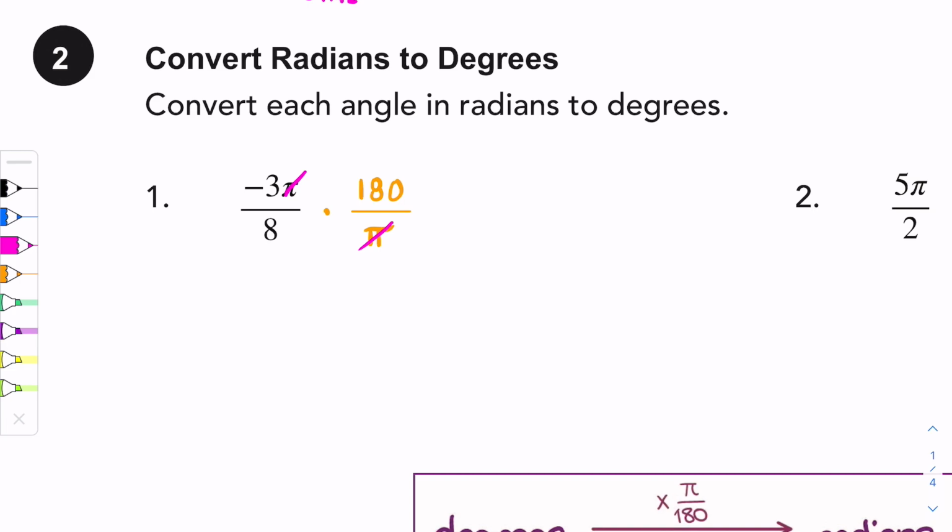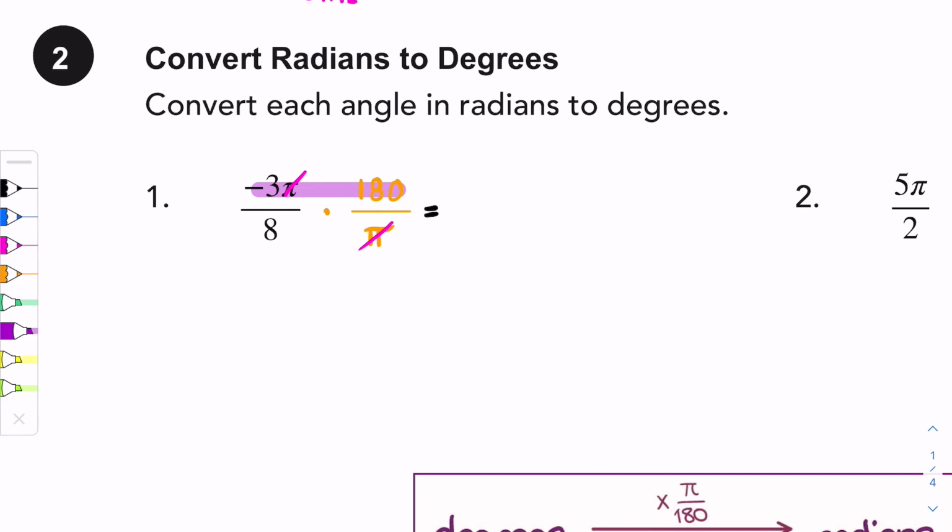So again, multiply by 180 over pi. Right away, we can eliminate the value of pi, and then I can either multiply everything together and divide it out, or I can simplify like terms. It doesn't really matter what you do. I'll multiply everything together. So I'll multiply the numerators.